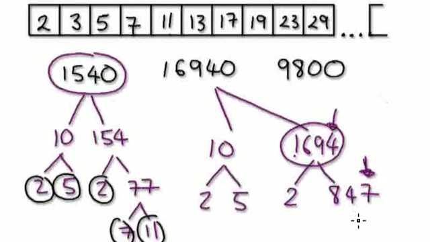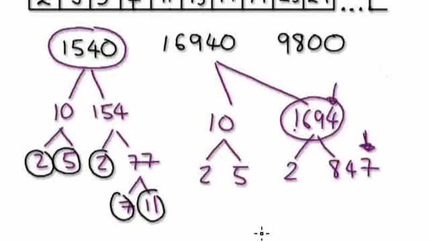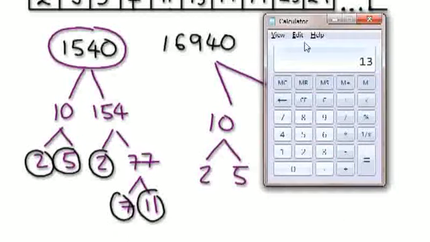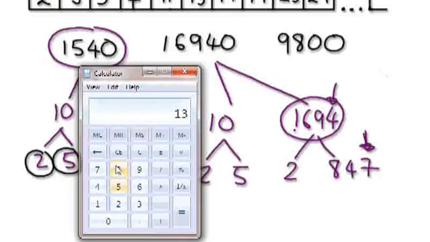Because of this one here, I'm going to try a 3. Let's try a 3. If that doesn't work, then I will jump to a 7. So, 847 divided by 3. Let's see if it divides by 3. No, it doesn't. So I'm going to try 7. 847 divided by 7, because 7 is the next prime. Yep, it divides.